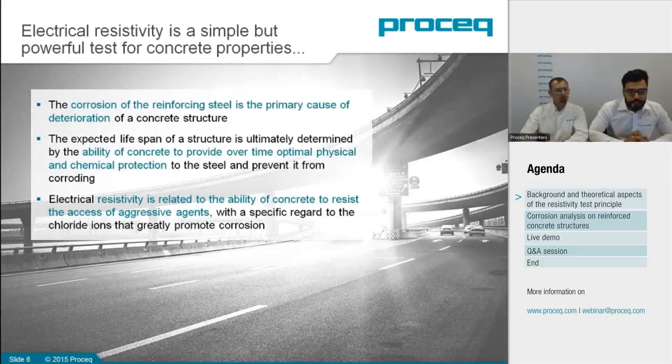In fact, the capability of the concrete to provide almost a physical and chemical protection to the steel is a key factor, and ultimately dictates the lifespan of our structure.